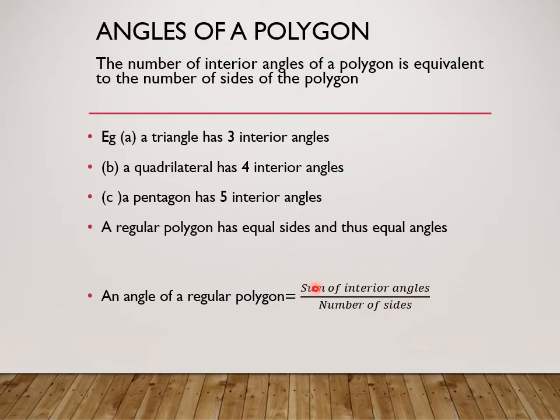You take the sum of the interior angles, divide by the number of sides, and you get the internal angle of a regular polygon. So we have said the number of internal angles of a polygon is equivalent to the number of sides of a polygon. So if a polygon has 8 sides, it will have 8 interior angles. We are through with that.